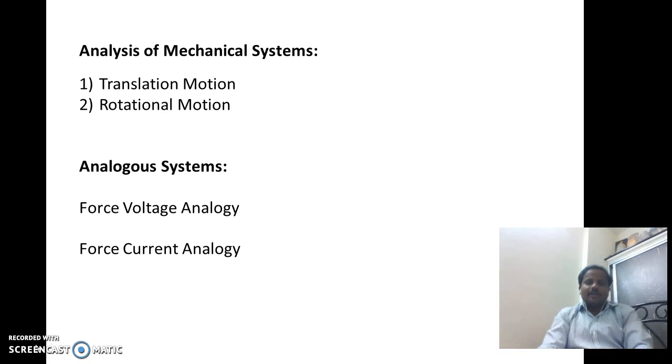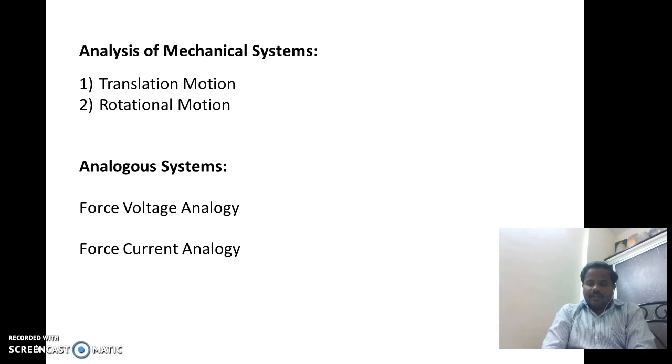So there are some analogies, such as force voltage analogy and force current analogy. Before dealing with these, we should know what is meant by analogous systems.